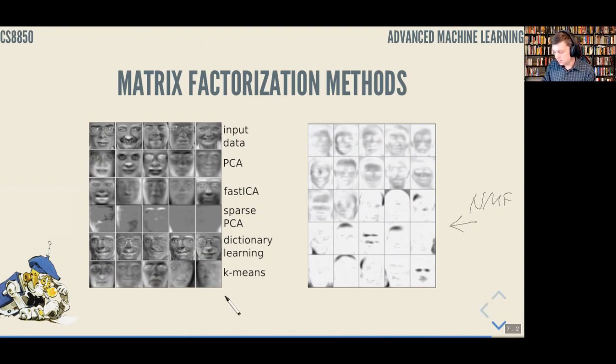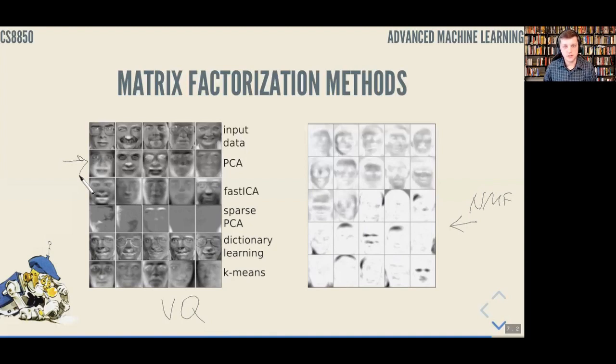Well, k-means is an important component. The important thing missing here is vector quantization. We can also compress everything by prototypical faces. So instead of a constructed eigenface, we say, okay, this face is a prototype.